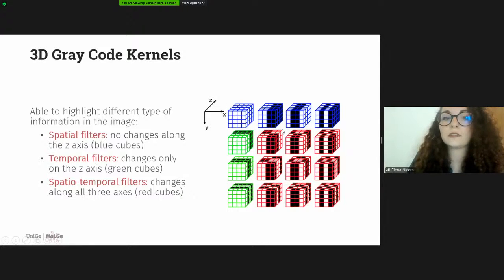So we will call them spatial filters, because we need to keep in mind that the z-axis is the one assigned to time. In the same way, we have these green cubes here that capture changes only along the z-axis, so along the time component, and we will call them temporal filters, while the others capture changes along all three axes. So we will call them spatio-temporal filters.